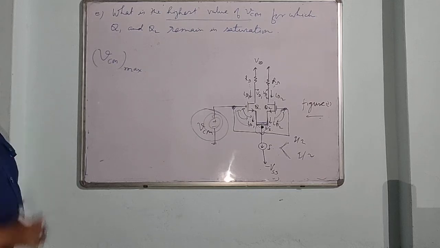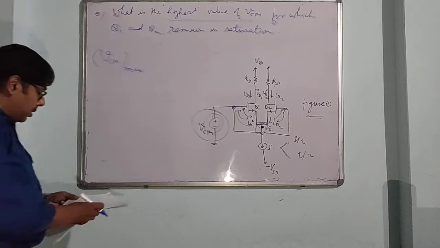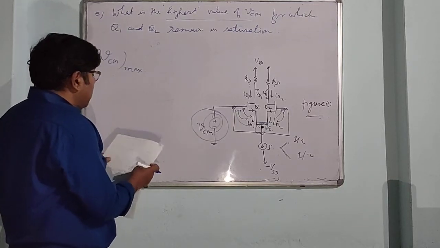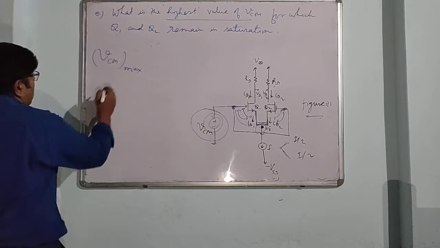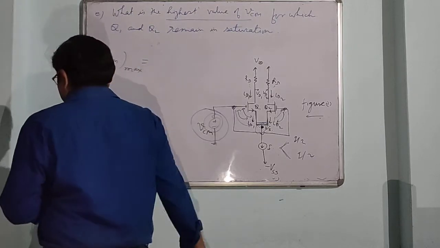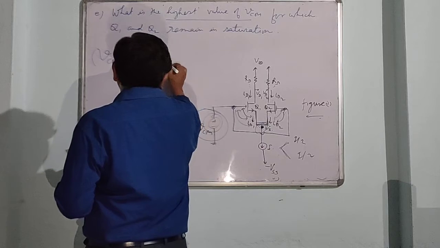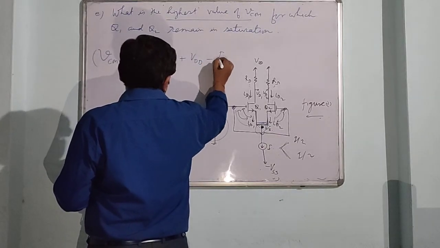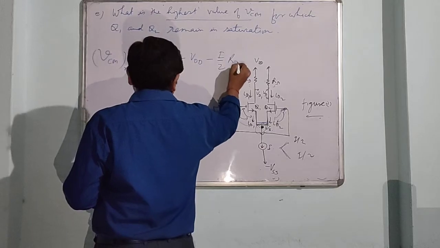So the maximum value of VCM, how can we decide? We have solved this condition. The maximum value formula comes out to be Vt plus Vdd minus half Rd.